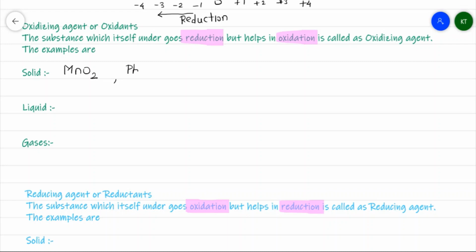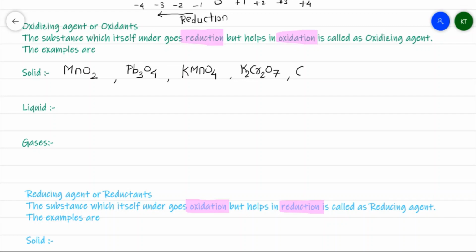Then I have Pb3O4, that is trilead tetroxide, which is called red lead, the sindoor, an orange red color solid. Then potassium permanganate, KMnO4, a purple color solid. Then I have K2Cr2O7, that is potassium dichromate, an orange solid.